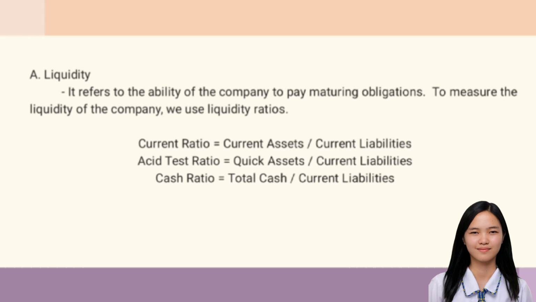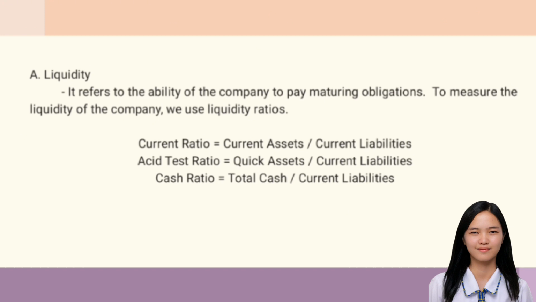So as you can see, it is a comparison of your current items versus your current liabilities. Current asset items versus current liability items. So there is a question. Can the company pay for their current liabilities na current assets ang ginagamit natin? So the answer is yes. We will further discuss it.